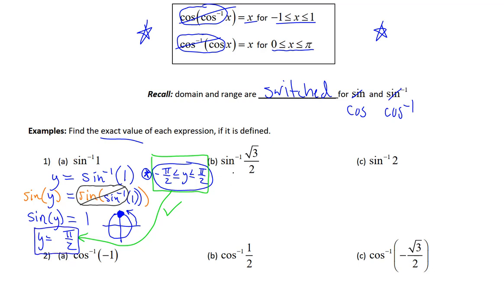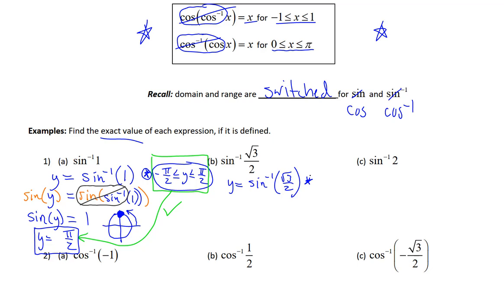Now let's apply the same kind of reasoning to our next example, 1b here, where we want to find the sine inverse of root 3 over 2. For convenience, we're going to use the same trick where we take that original expression and set it equal to y. So y equals sine inverse of root 3 over 2.